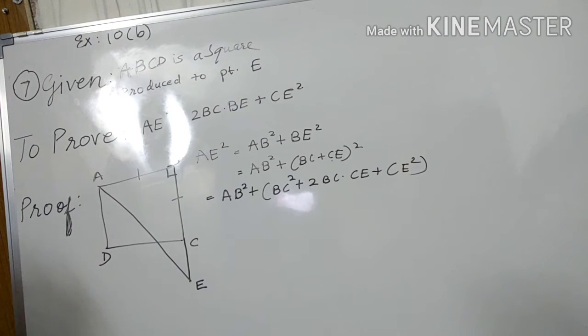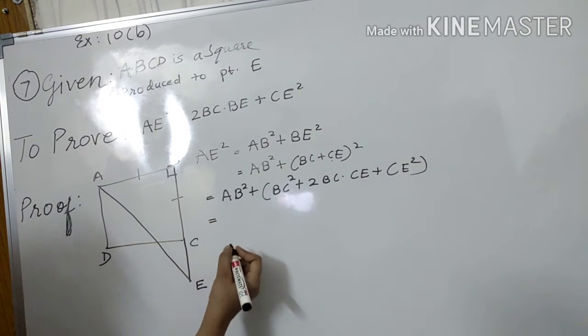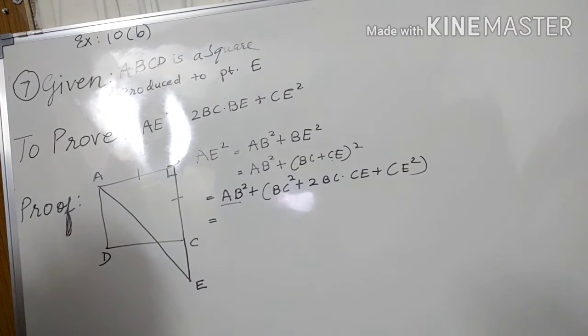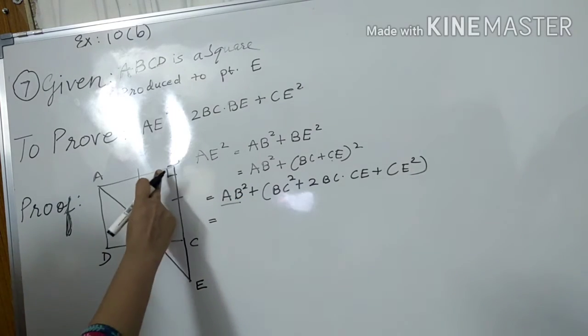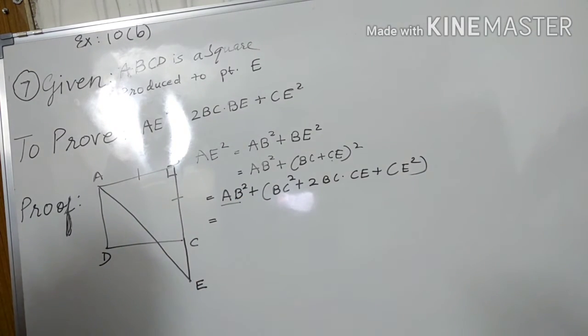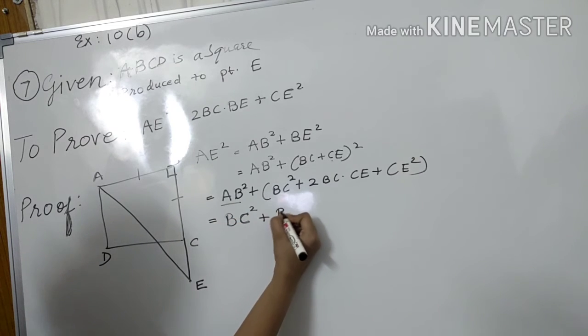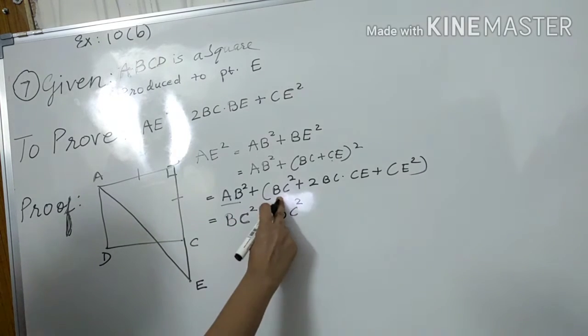Now, students, here instead of AB, I can write BC. Why? Because AB is equal to BC. So I write BC square here instead of AB, plus again BC square, which is in the bracket.